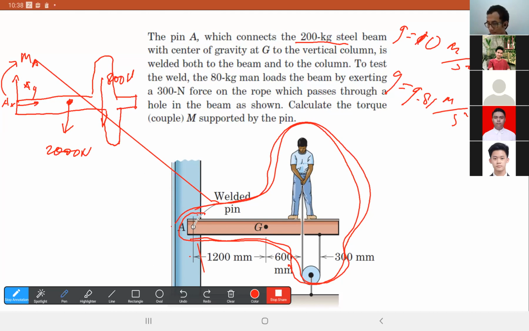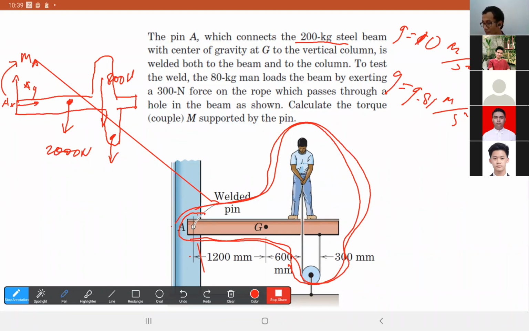In this particular free body diagram, we're supposed to draw it like this, and the force is supposed to be 300 newtons times 2. Why 300 newtons times 2?